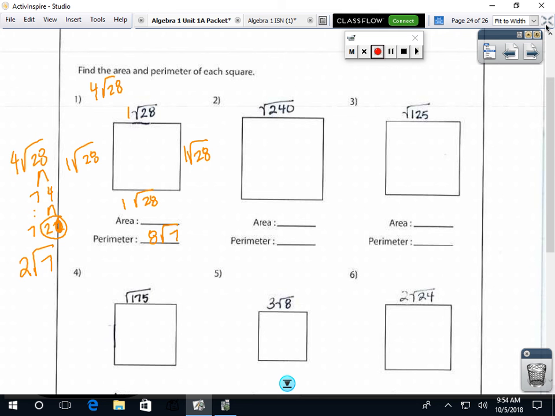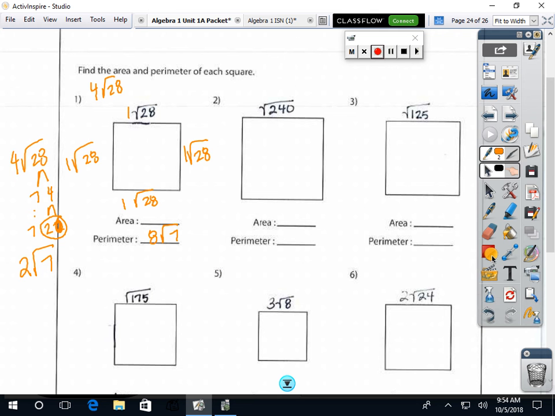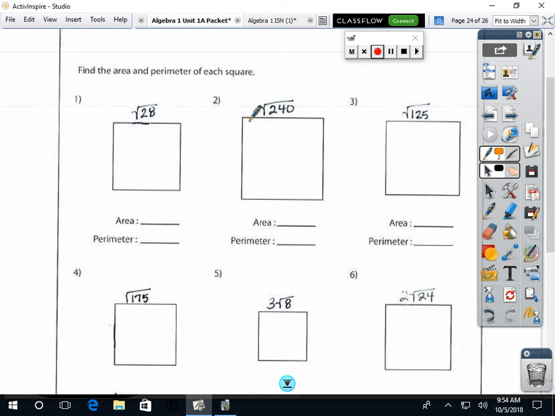Okay, so now let's look at number 2. The square root of 240, if that side is that length, then this is a square. All of them are the square root of 240. Well, for these, all of them have an understood 1 on the outside. So that would be 4 square roots of 240. Well, at that point, you just simplify.